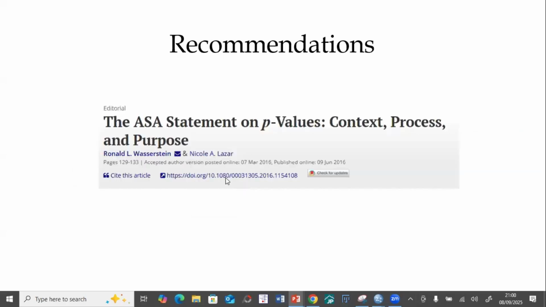I'd also invite you to look at this paper, the American Statistical Association's statement on p-values: the context, process and purpose of p-values, evidence for and against the p-value, and the recommendations as to how to proceed given the current limitations of the p-value. I know it's been a long talk.